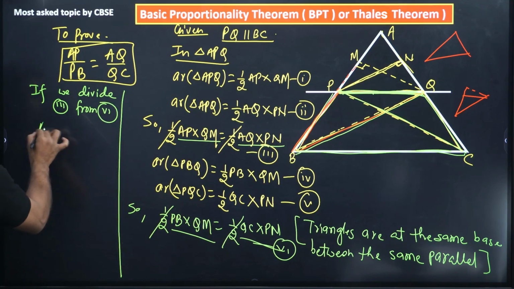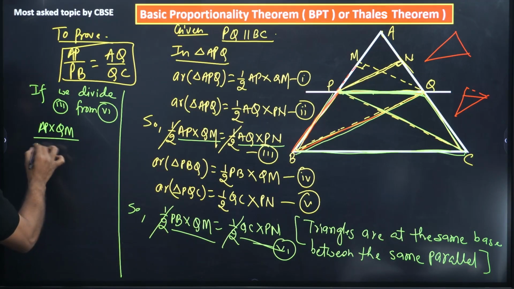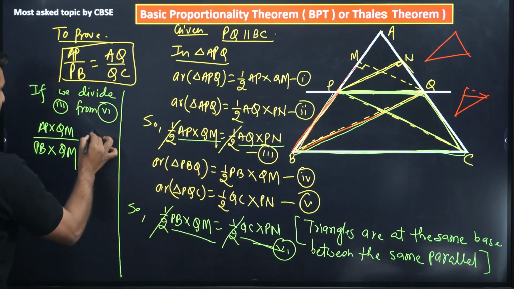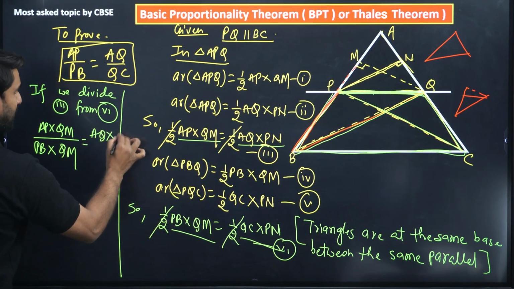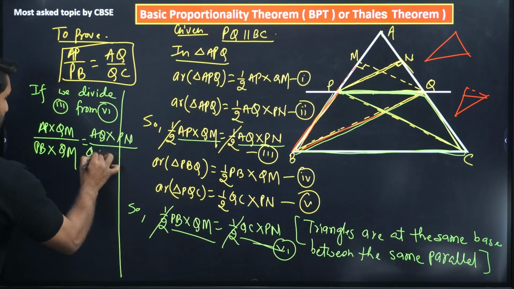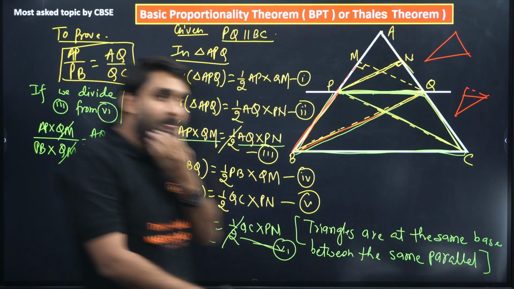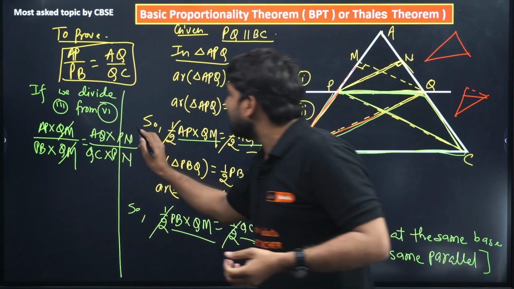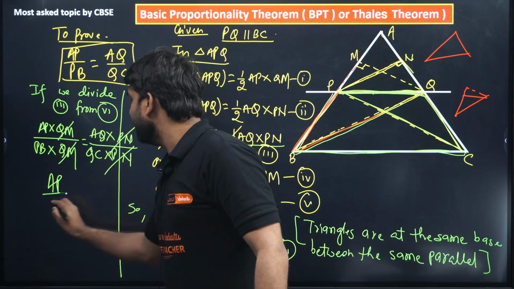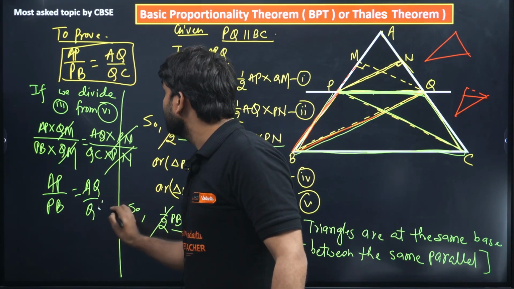So can we write here AP into QM divided by PB into QM equal to AQ into PN divided by QC into again PN. Wow, so QM will be cancelled by QM. Is that clear? And the PN will cancel this PN. So what we are getting here, very magical result. AP divided by PB is equals to AQ divided by QC.